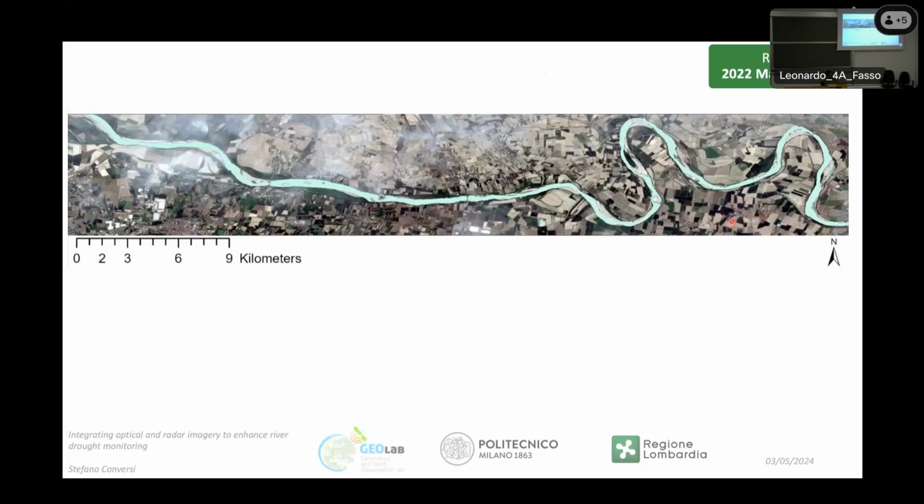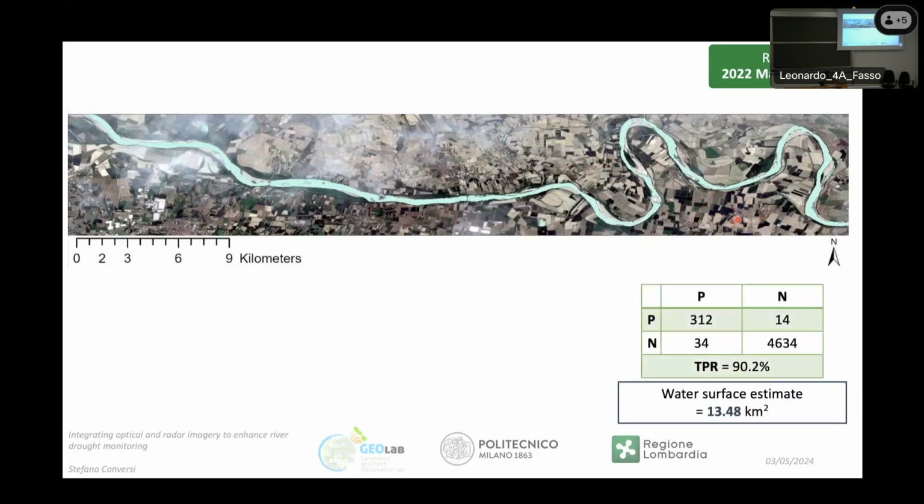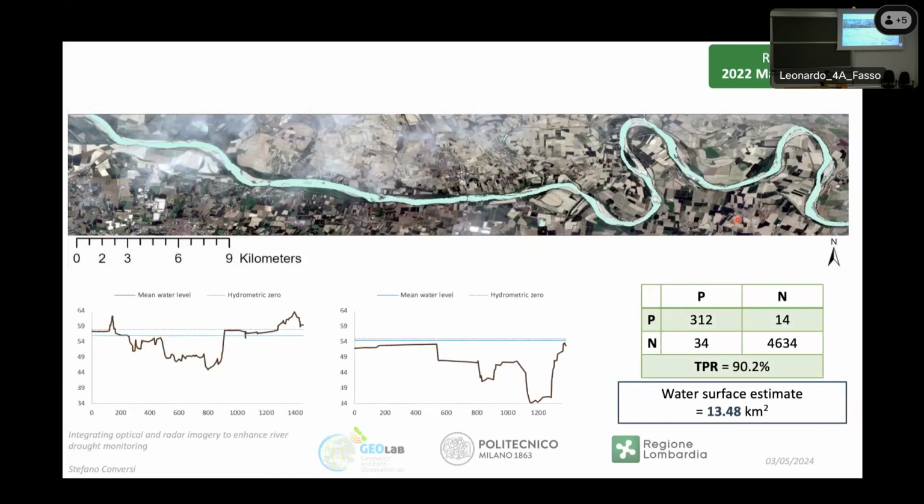So we have no overestimation of water coming from the optical, sorry, from the radar source. We have here an estimated accuracy higher than 90%, and an estimated water extent of 13.48 square kilometers.